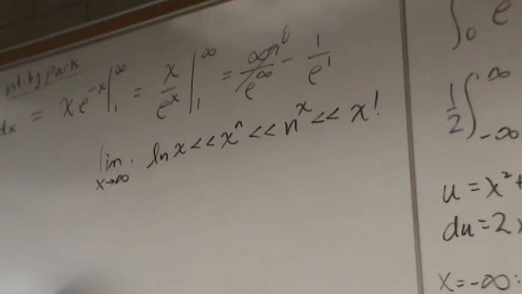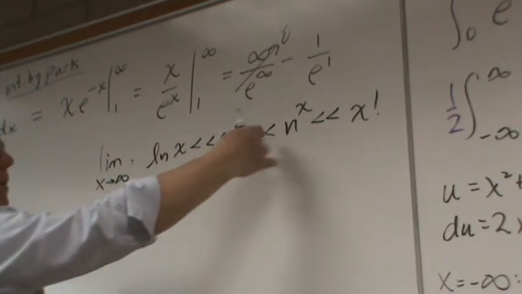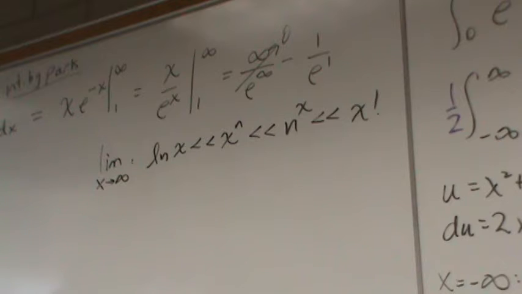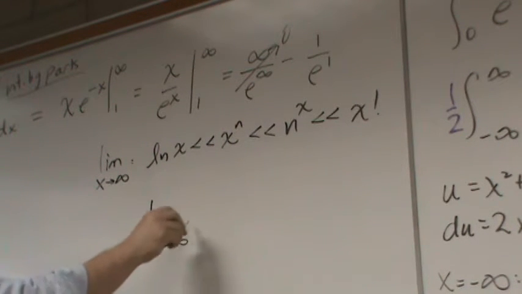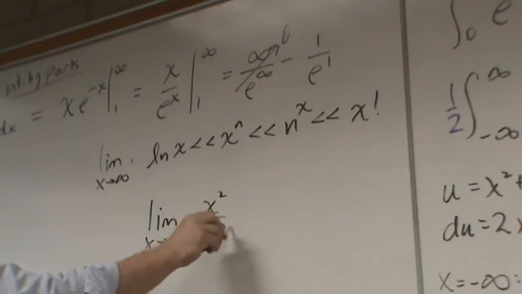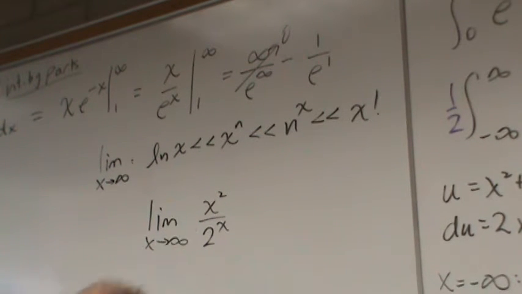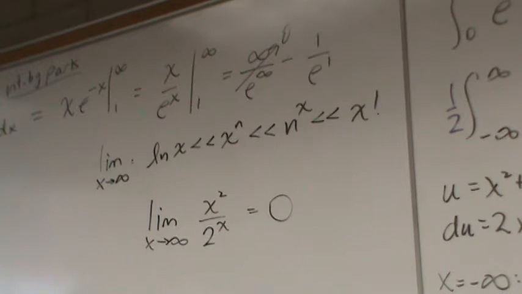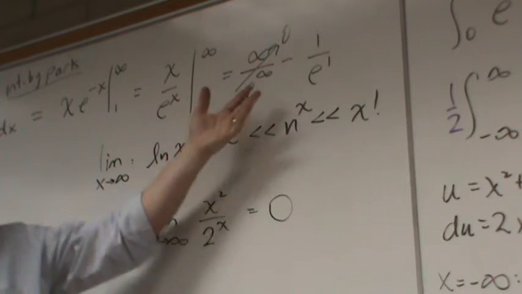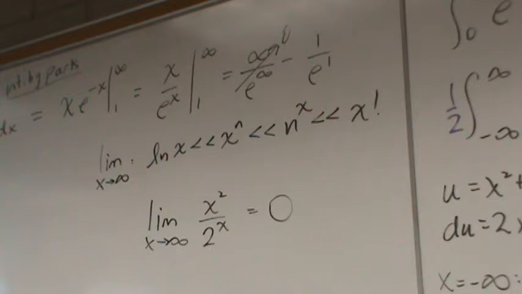It happens with our sequences and series. But just remember that hierarchy and you should be fine. If I happen to have the limit as x approaches infinity of x squared over 2 to the x, I know that this is going to be 0, because I know 2 to the x is infinitely bigger than x squared. So just be aware of that when you get presented with these L'Hopital's rule situations.